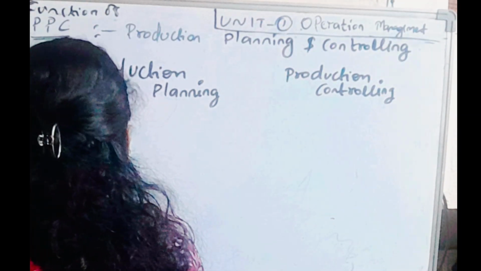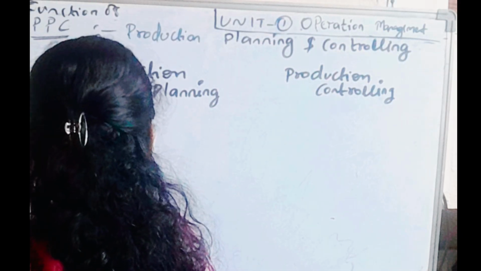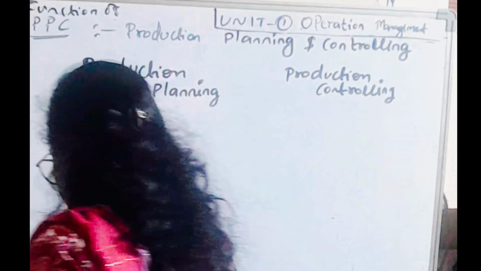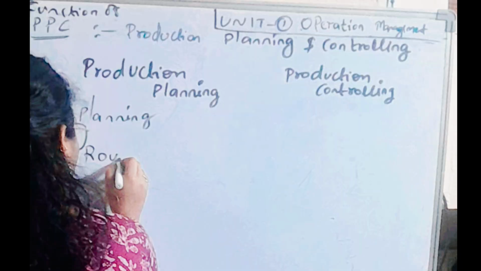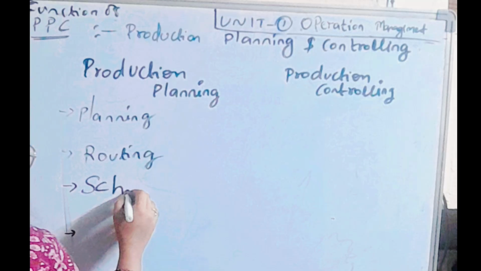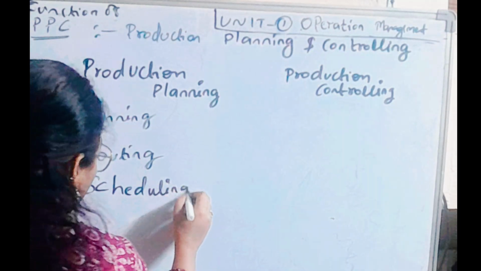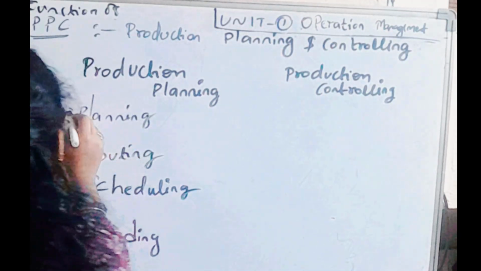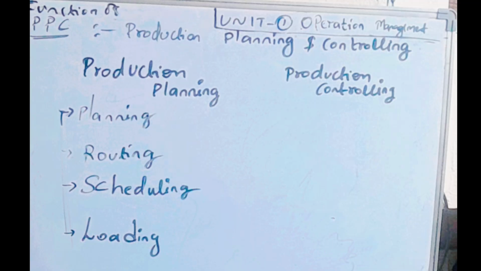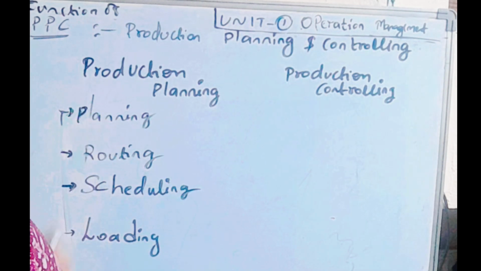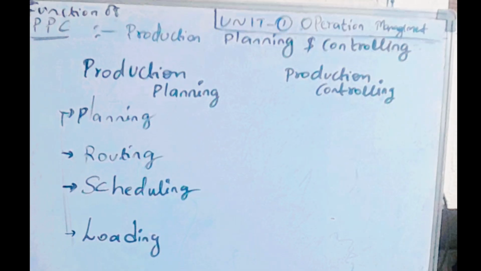In production planning, the first ones are planning, routing, scheduling, and loading.